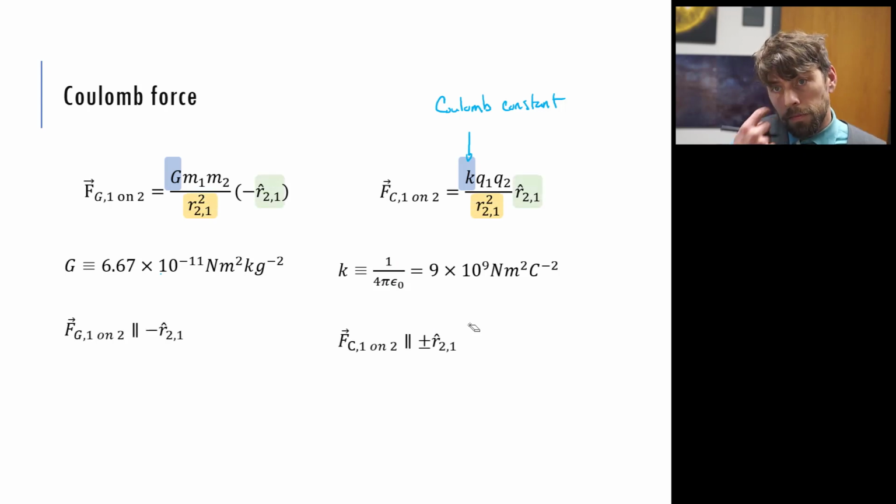One of the really important distinctions is that you'll notice there isn't a negative sign in Coulomb's law. That is because, unlike gravity, which is always attractive, the interaction between charges can be attractive or repulsive.